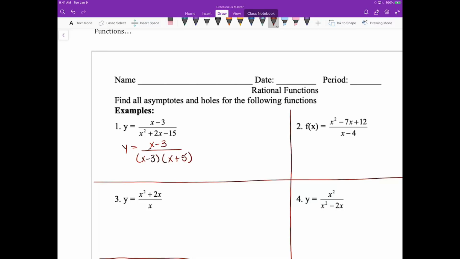The x minus 3 and x minus 3 reduce to 1, and we get y equals 1 over x plus 5. With these couple of steps, we can see a lot of things.